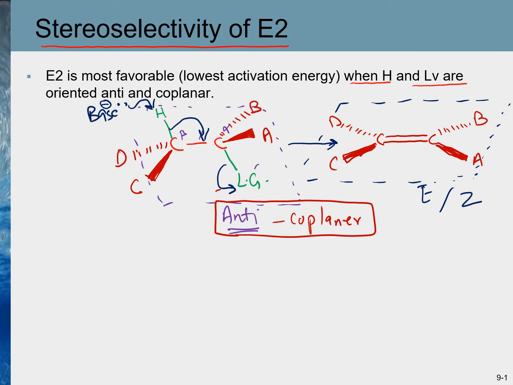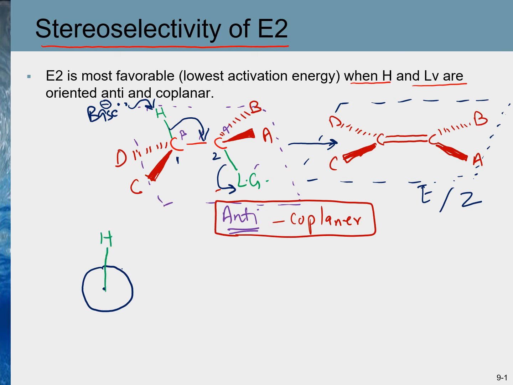The stereoselectivity of E2 reactions can be better understood with the help of Newman projections. In the case of Newman projections, for our starting alkane, let's call this carbon number 1 and that carbon number 2. So carbon number 1 is this one, and carbon 2 is behind this sphere. Carbon number 1 has hydrogen on top.